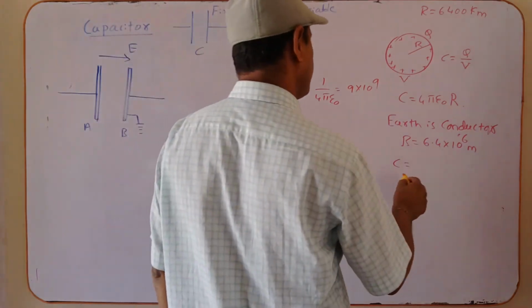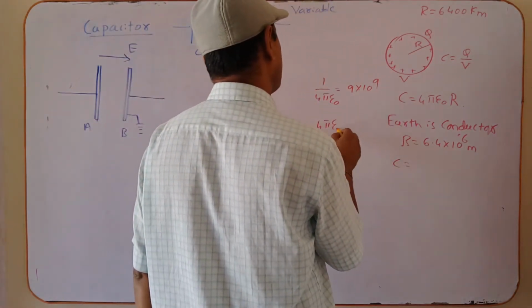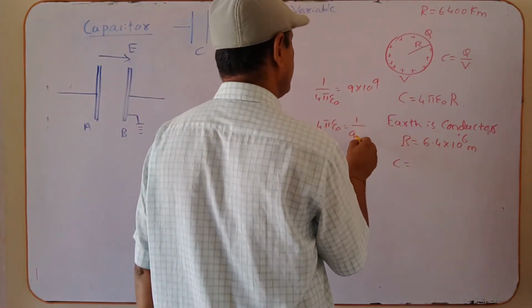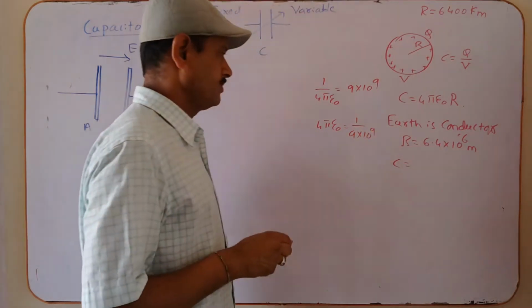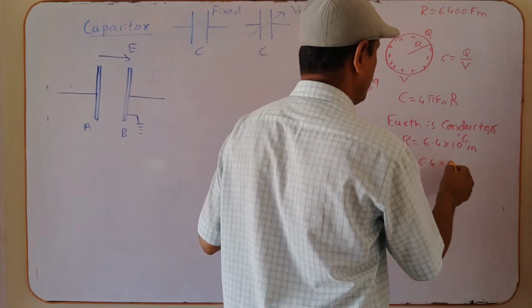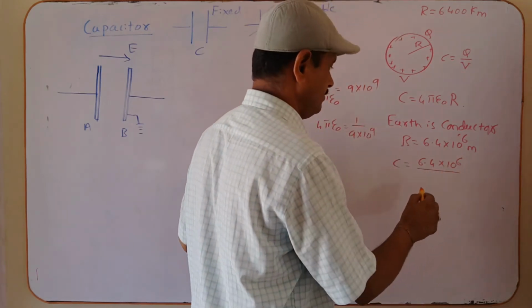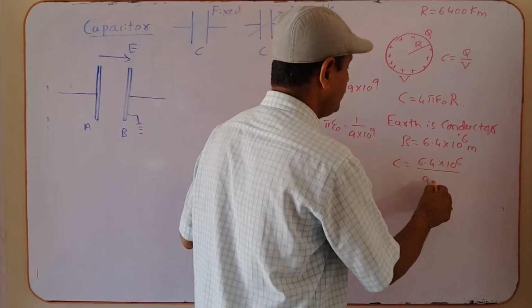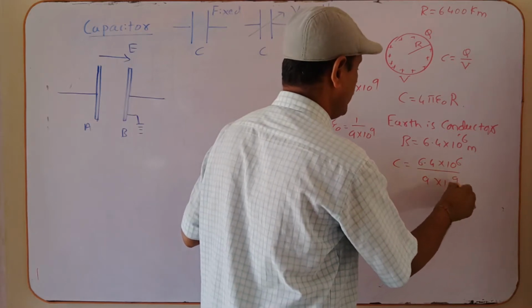Now, what is 4 pi epsilon naught? This is 1 by 9 into 10 to the power of 9. Now, 6.4 into 10 to the power of 6 divided by 9 into 10 to the power of 9 you got.